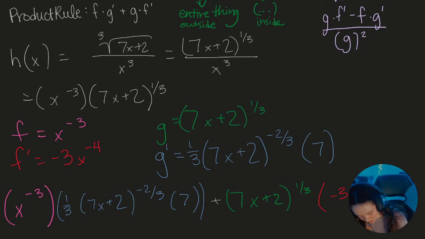So then we would just rewrite this section right here, for the sake of simplicity, as 7/3 times 7x plus 2 to the negative 2/3.